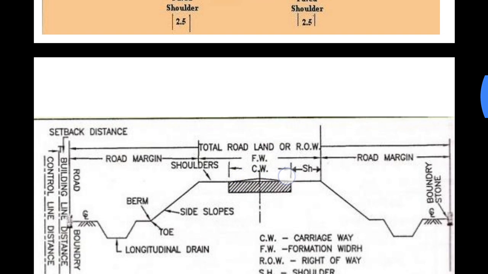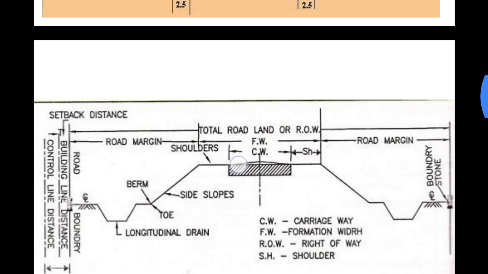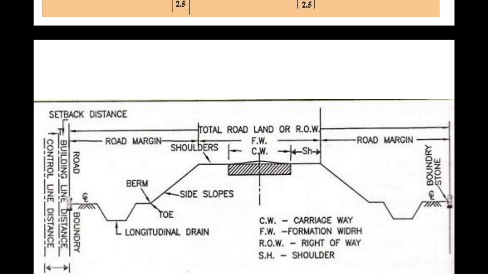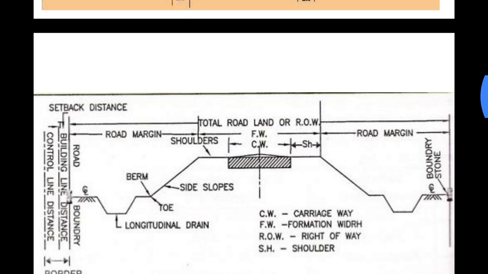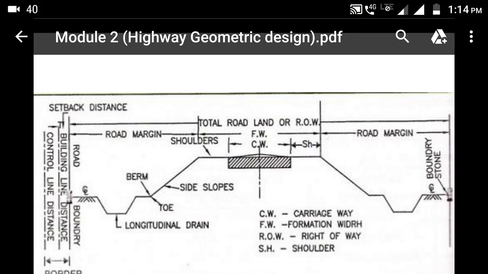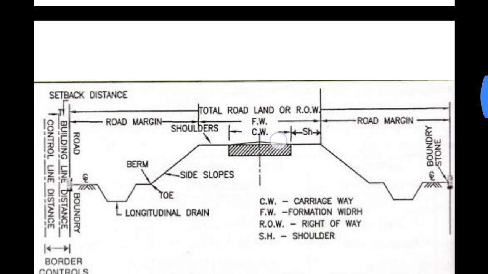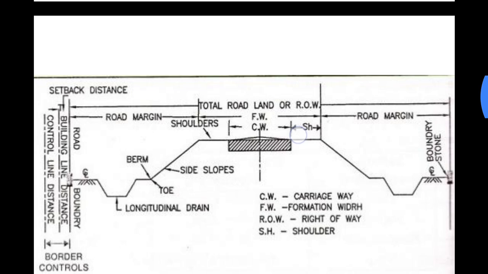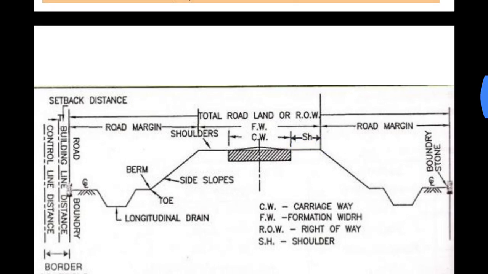The alternately provided surface on both sides of the carriageway, this portion, is known as shoulder. The shoulder is provided in order to support the carriageway, to provide stability to the carriageway, and also it acts as emergency lane in case of any accidents or breakdown of the vehicle.